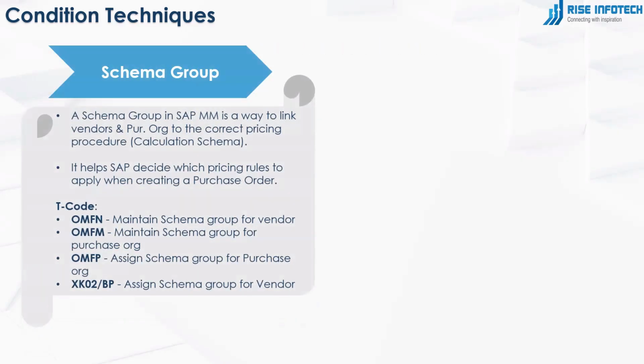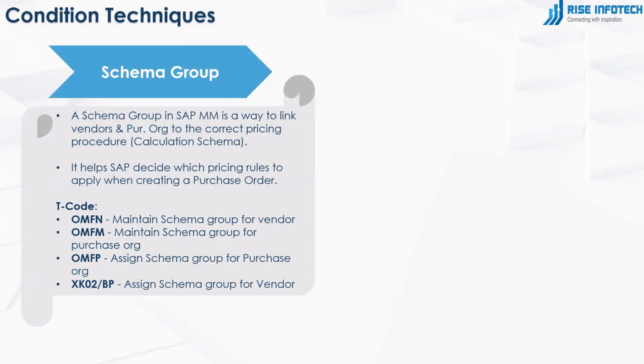Next is schema group. The schema group in SAP MM is used to link the vendors and the purchase organization to the correct pricing procedure, that is the calculation schema. It helps to decide which pricing rules are to be applied when creating the purchase order. And the T code is OMFN for maintaining the schema group for vendor.